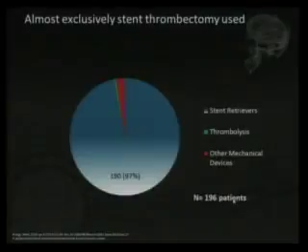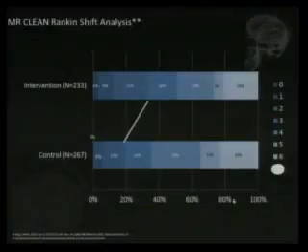What was the main difference is that 97% of all the devices used were stent retrievers in the interventional arm. We can see here the Rankin shift, which is almost 35% for the intervention arm of good outcome versus just about 19% with the control arm.